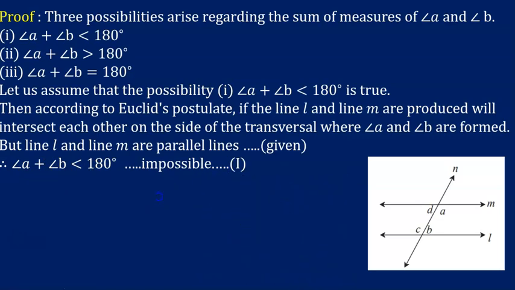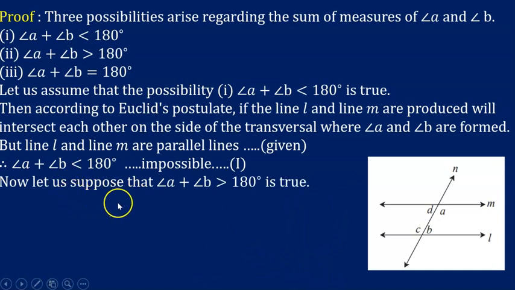Next, let us suppose that the measure of angle A plus the measure of angle B is greater than 180 is true. Then what will happen?